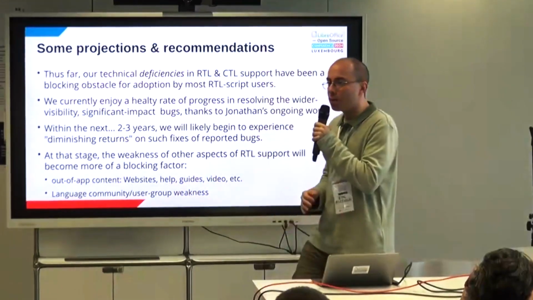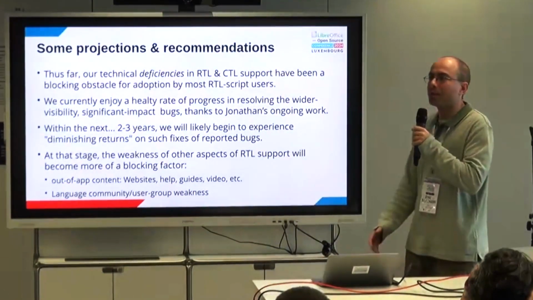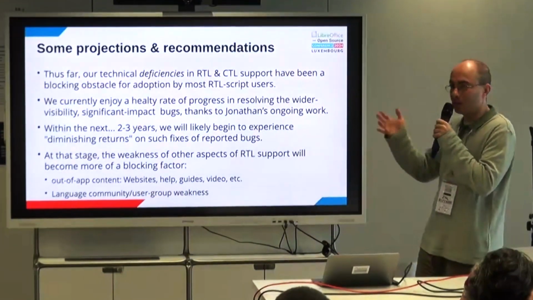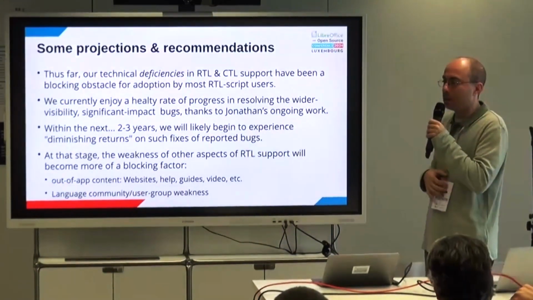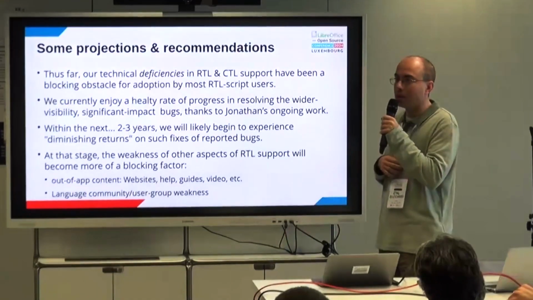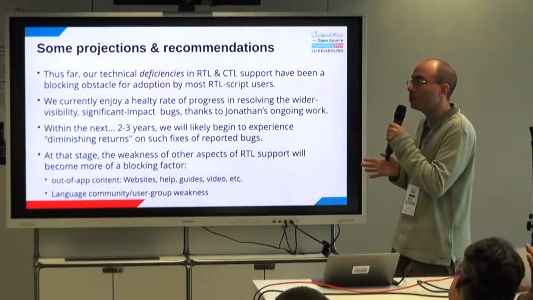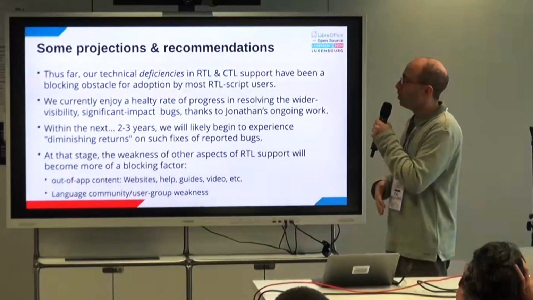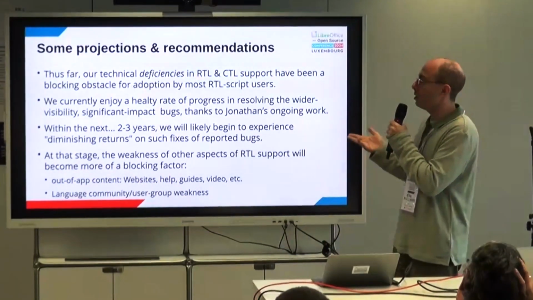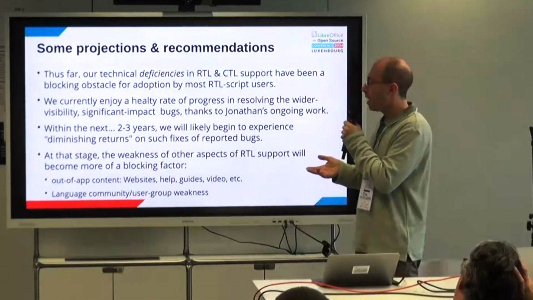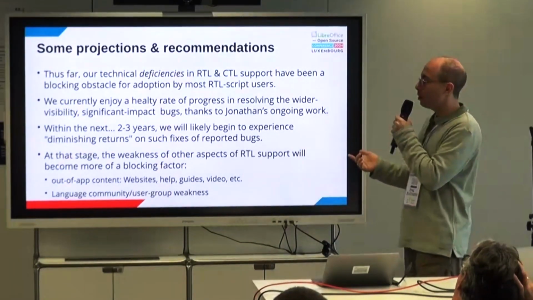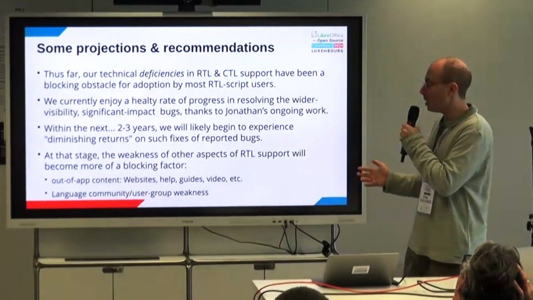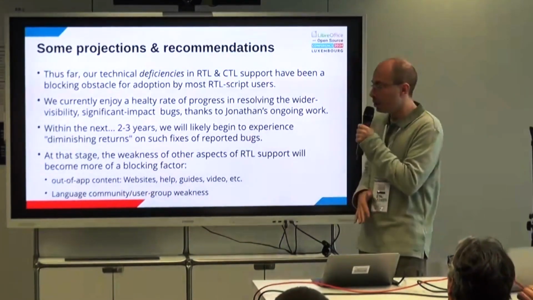But right now, almost every bug fix is like, wow, you saw the things I mentioned. These are serious bugs that affect people's everyday use and not just some corner situation, which is also important. So within a few years, we'll start getting to the corner cases. And at that stage, the main blocker of adoption will be the aspects that are outside the application itself.